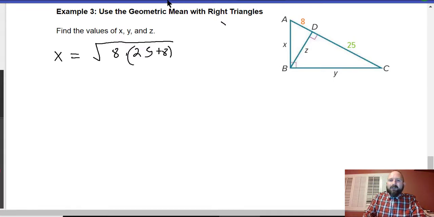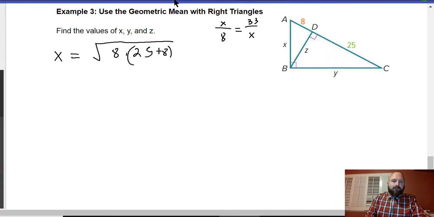But we're going to have x over 8 will equal 25 plus 8, 33 over x. And so it creates this proportion. And then when we solve it, we get the square root of 8 times 25 plus 8.